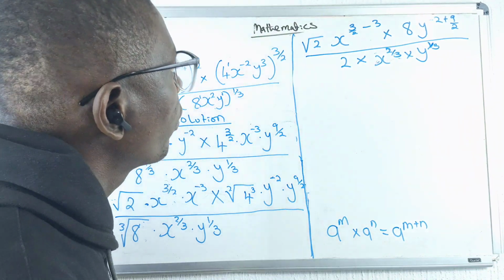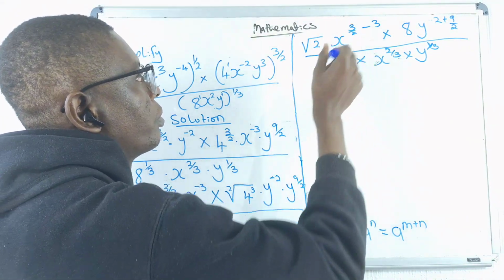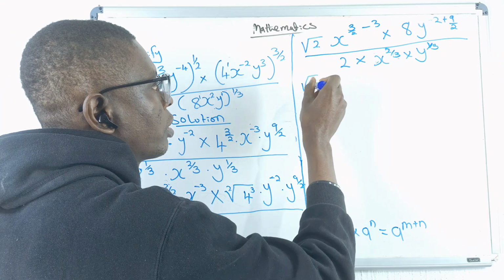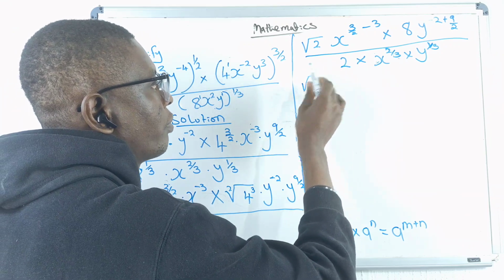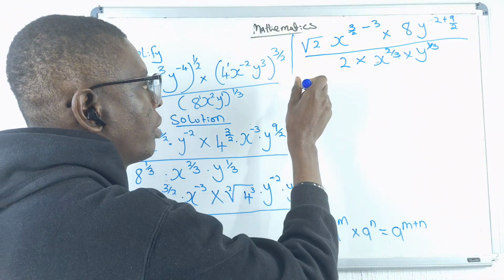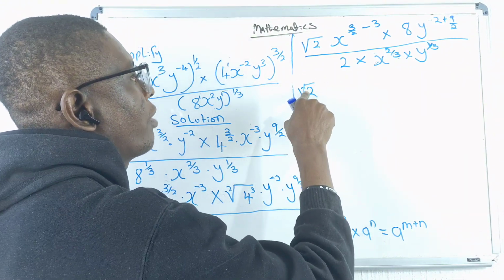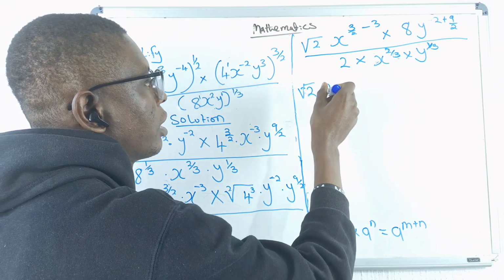Okay, so we simplify further. We have our root 2, and we have x.